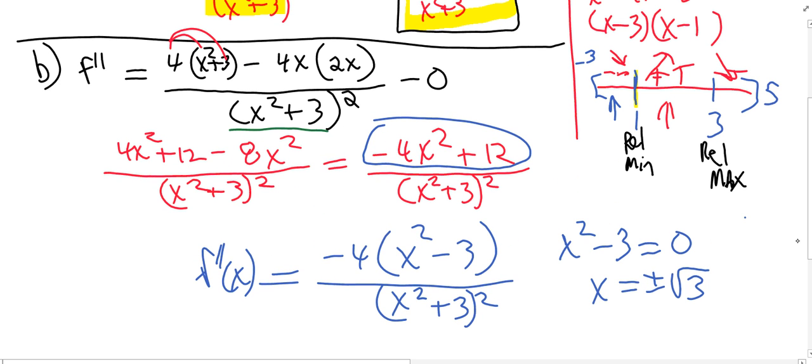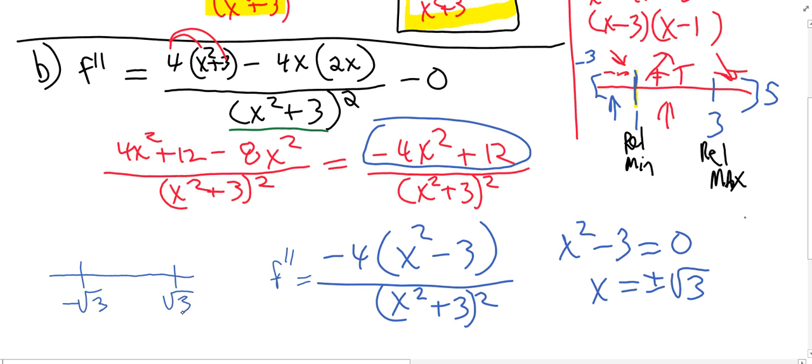So now we're going to take a look at a sign chart for that, and suppose we can do that over here if I just write this a little bit smaller. And we're going to have a negative square root of 3 and a positive square root of 3, and we're going to use our second derivative. And of course, once again, we still have our stop and start points of 5 and negative 3, and looking for concavity, right? Or actually points of inflection.